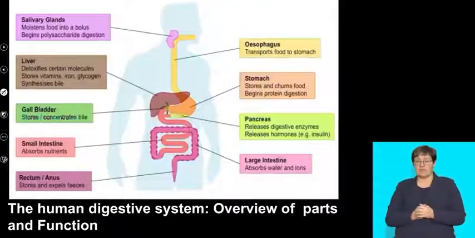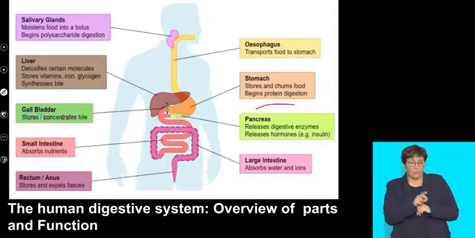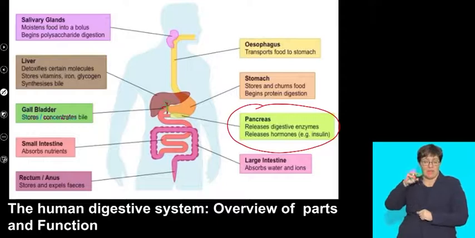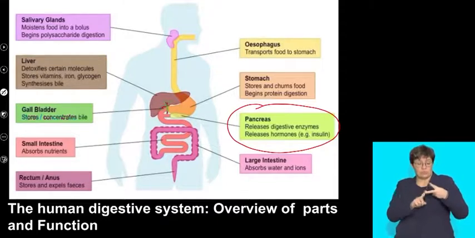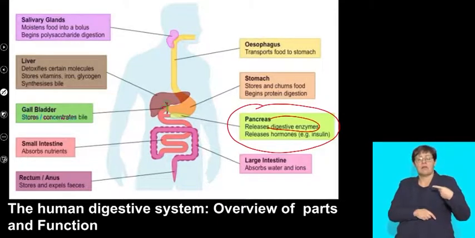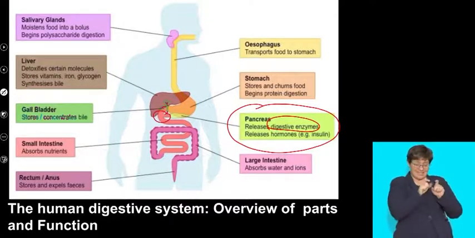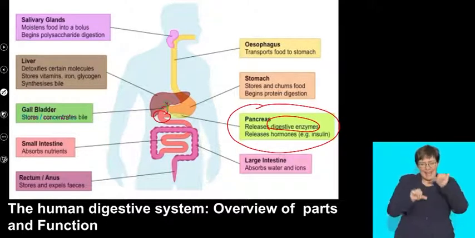So as an overview, guys, remember that we're focusing on homeostasis and the role of the pancreas. So the pancreas has two important roles. One is that it produces digestive enzymes, and these enzymes are released into the duodenum, which is the first part of the small intestine, and those enzymes play an important role in chemical digestion.